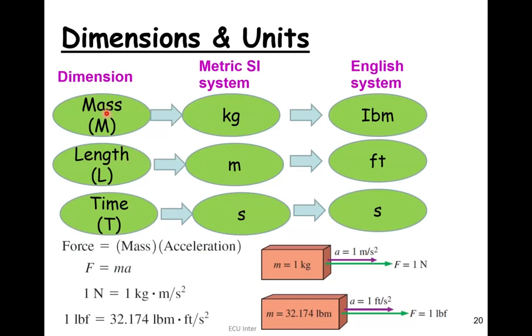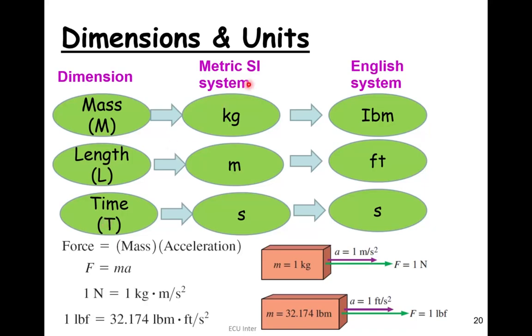For the dimensions, for example mass, length, and time: for mass, we normally use capital M, for length we use L, and for time we use T. However, these M, L, and T are independent of the system of unit that we are using.